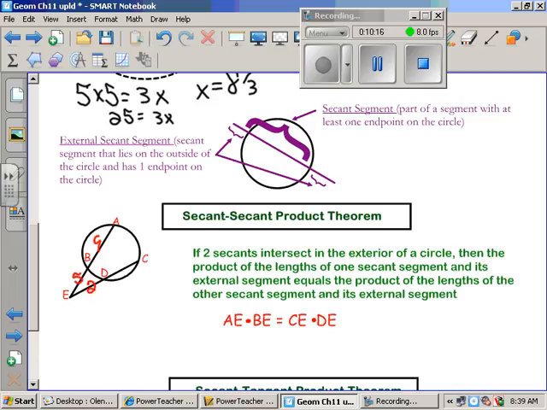How would I set that up to find CD? AB is 9. Sorry. So if AB is 9, BE is 5, and DE is 2. Well, first of all, what would go on the left-hand side with the AE stuff? Right, it would be 14, which is the length of the whole thing, times 5.